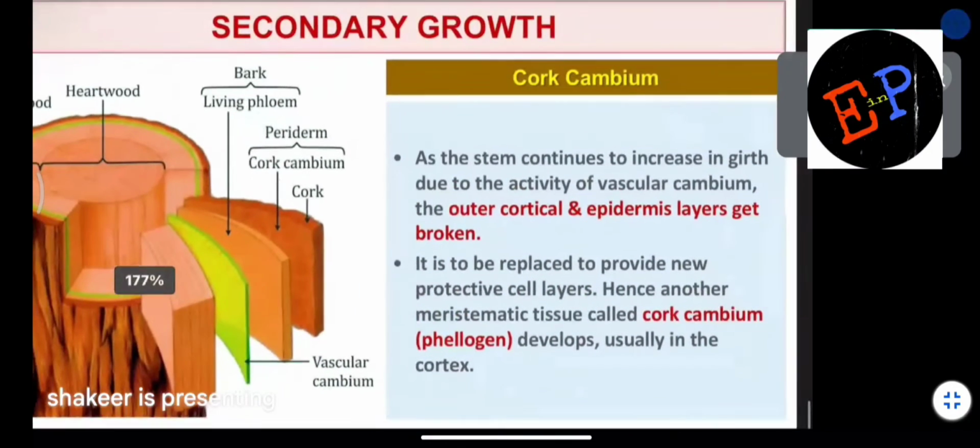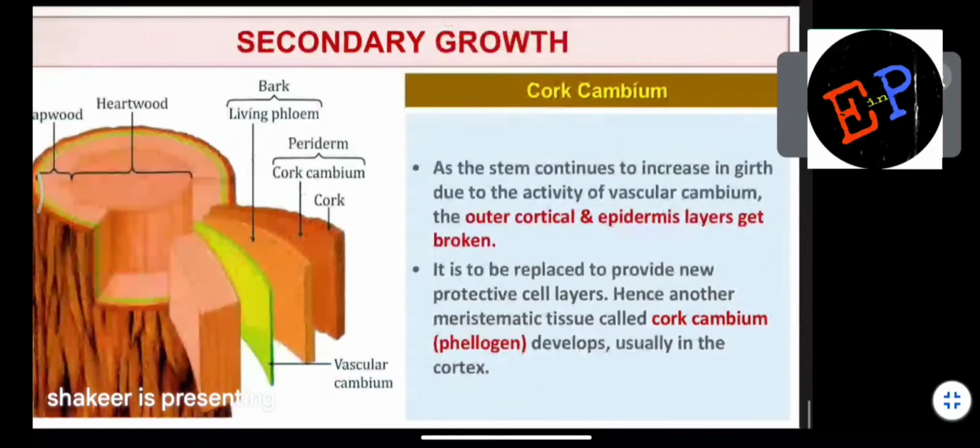So next, cork cambium. So what is meant by cork cambium? We know nama? See here. So this is the heartwood, dark color dead region, and this is the sapwood, light color living region. And this sapwood again we are dividing into many parts. What are they?